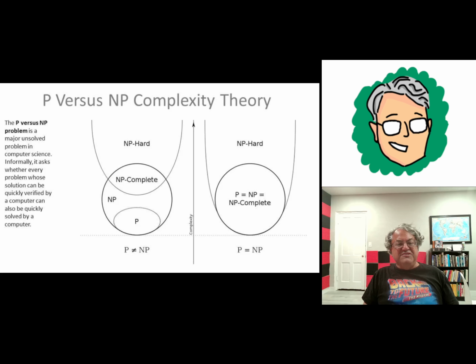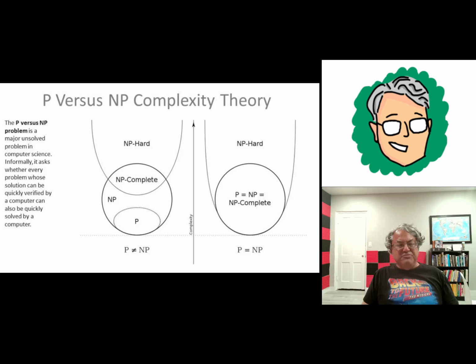P is just the class of all problems that can be solved in polynomial time. There's a deterministic algorithm for solving it in polynomial time. And I talked about polynomial time last time. That just means that the running time is O of k to the n, where k is the size of your input, the number of bits of your input.